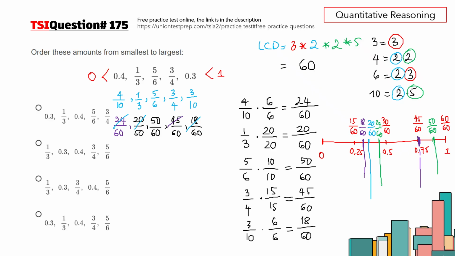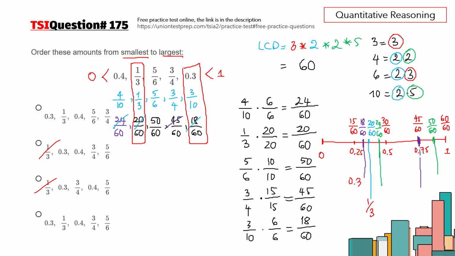Now we just find the corresponding ratios. 18 out of 60 is 0.3. So this is 0.3, and we can eliminate the two middle answer choices. Next, 1/3 is not right. We take from the smallest one to the largest. The next one is 20 out of 60, that's 1/3.